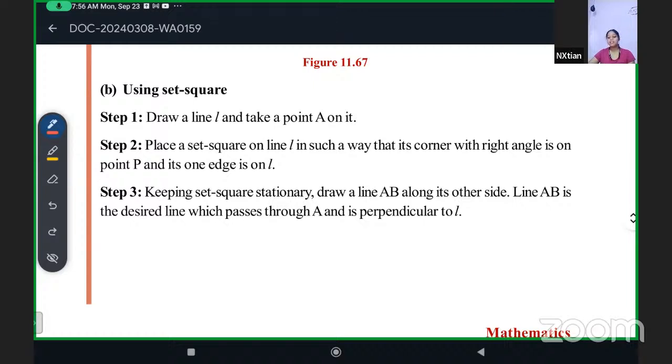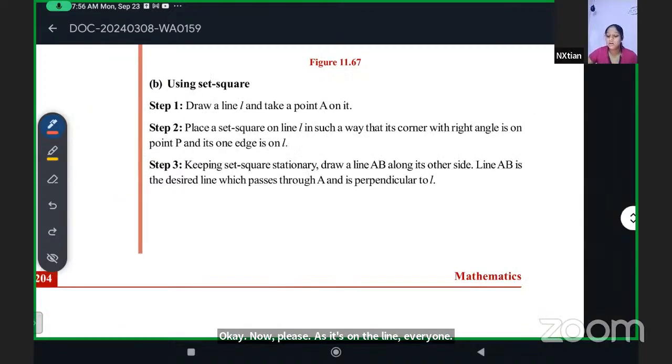Now, place a set square on the line L in such a way. Now mark point P on the line L.